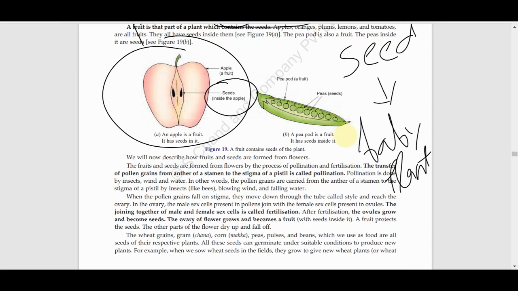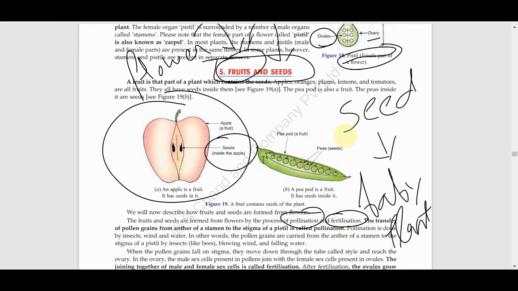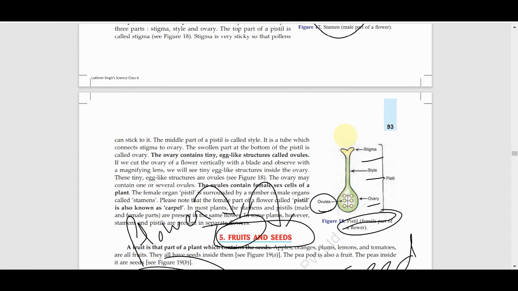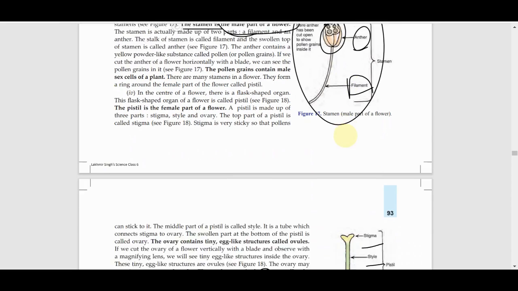So what exactly happens? There is a process, and the name of the process is pollination and fertilization. As we know, there are two different parts. One is the stamens and the second is the pistils. Stamens contain some pollen grains. Pollen grains are very small, tiny, yellow grains.